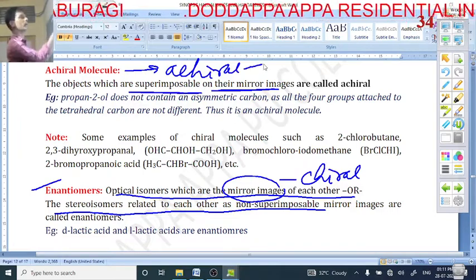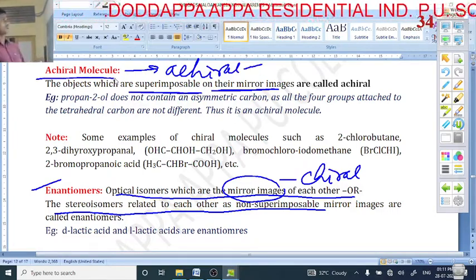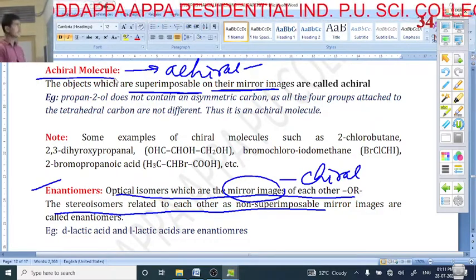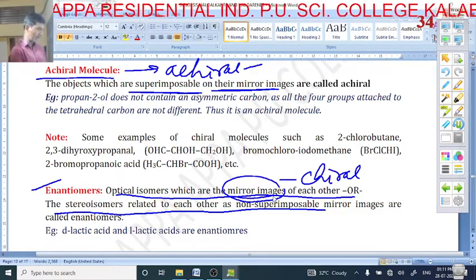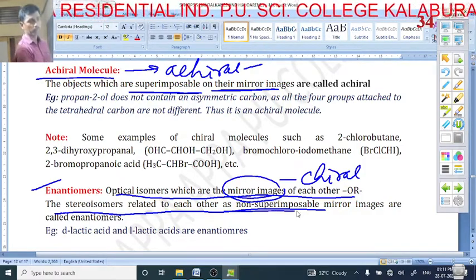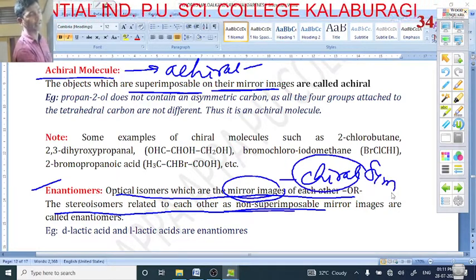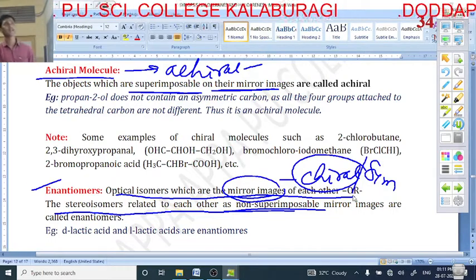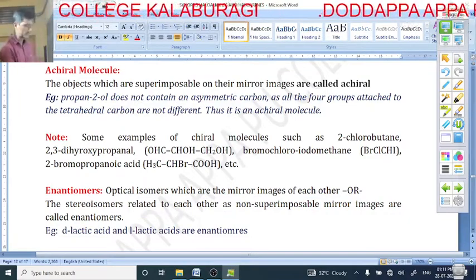These other ones are mirror images and non-superimposable, so they are called chiral. So this is about achiral and chiral molecules.